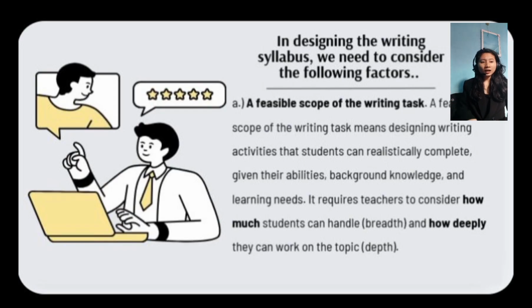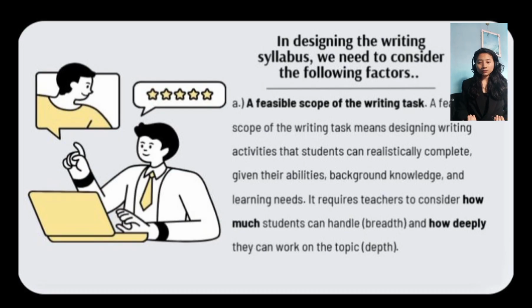As for how much students can handle, the breadth: for example, world history is very broad, even for advanced level, because there is so much of it. And for how deeply they can work on the topic, the depth is more on detail, very specific.